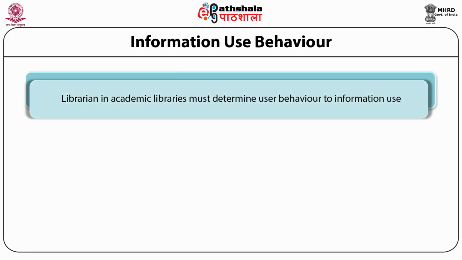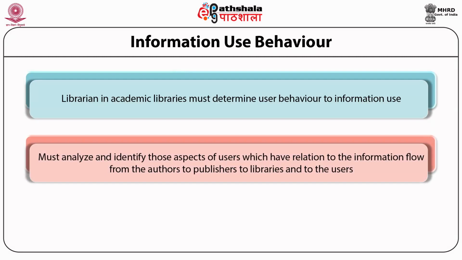A librarian in academic libraries must determine user behavior in information use. He must analyze and identify those aspects of users which have direct relation to the information flow from the authors to publishers, to libraries, and to the users.